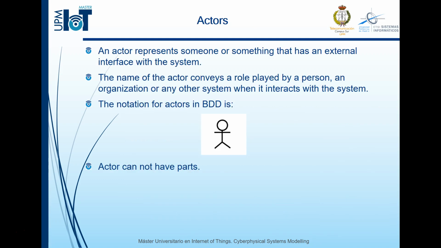Some decorators that we can add to the BDD. Something like actors. Of course, an actor for us is someone that can act or perform different operations with the system. And it's the same concept that you have seen before with Jennifer in the use case diagram.